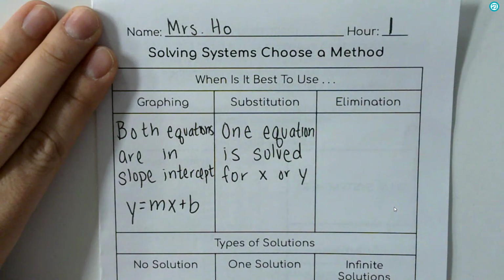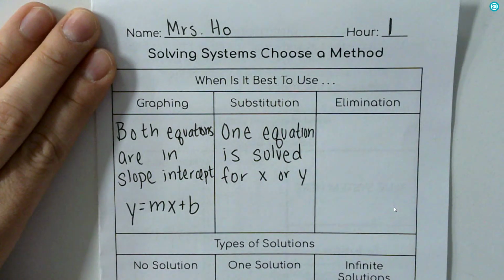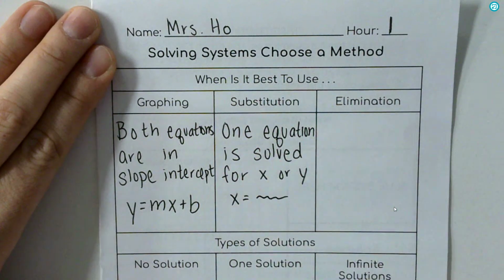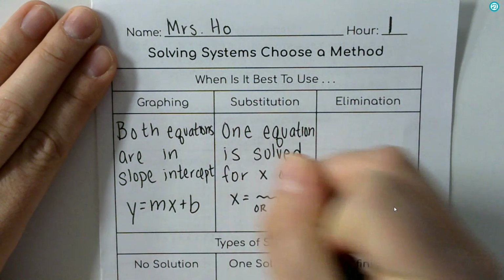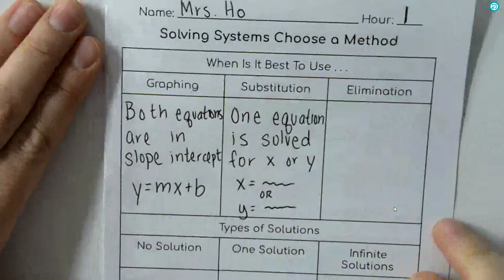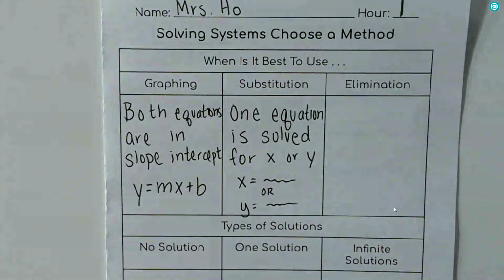So one of your 2 equations in your system is going to be x equals a number, x equals a bunch of stuff, or it might be y equals all your stuff. So you only need one or the other, and it doesn't matter whether it's an x equals or a y equals. But if one equation is solved for x equals or y equals, it's easier to do substitution.